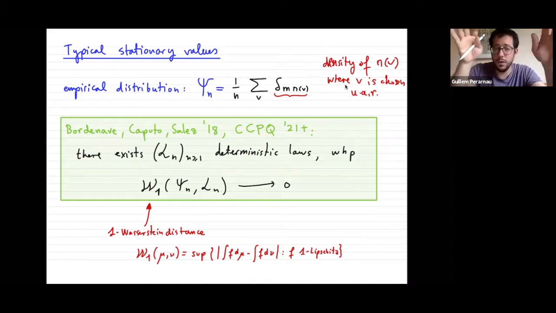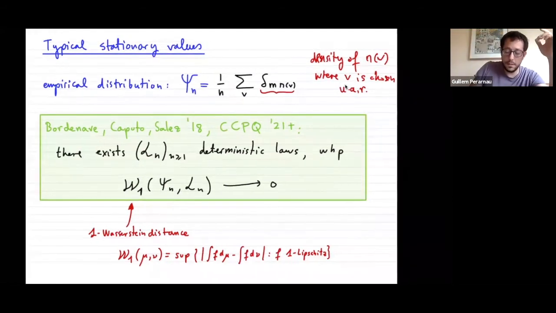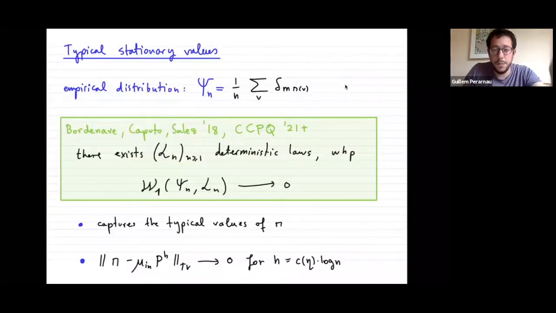I'm not going to go into details about what L_n is or what this Wasserstein distance is, but this result captures the typical values of pi. It tells you that, say, 99% of the mass is going to behave like L_n behaves. And in particular, it's not going to be too different from mu_in.